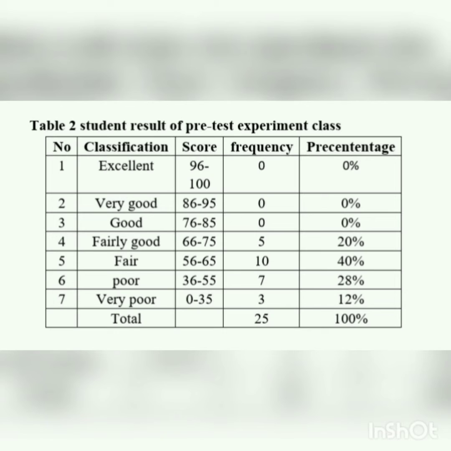And the next classification is poor, score 36 to 55, frequency 7, percentage 28%. And the last is very poor, score 0 to 35, frequency 3, percentage 12%. And the total frequency is 25 and percentage 100%.